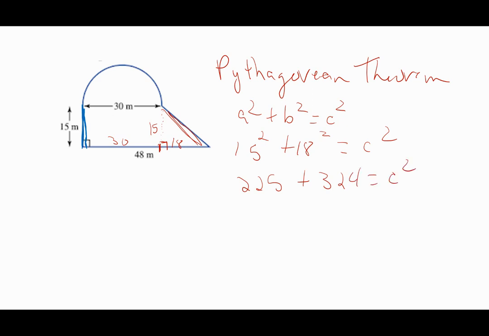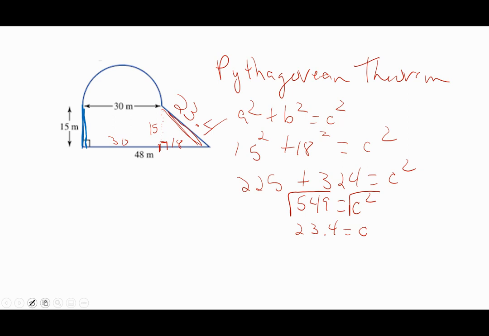Add those together and we get 549. Because 549 is equal to c squared, we're going to take the square root of both sides, and we have 23.4. 23.4 equals c. So that value goes right here, 23.4.